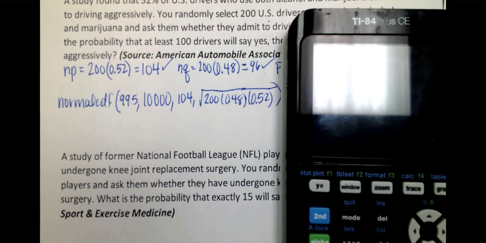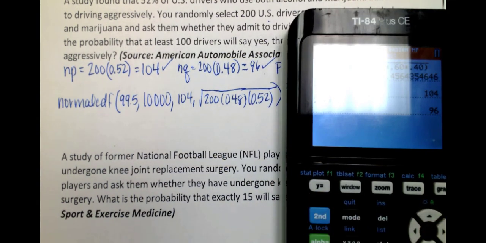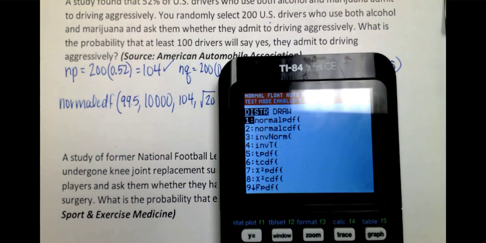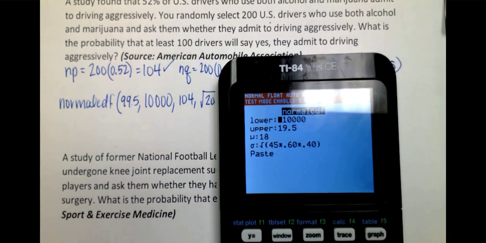So we got normal CDF 99.5, 10,000, 104, and then the square root of 200 times 0.52 times 0.48.